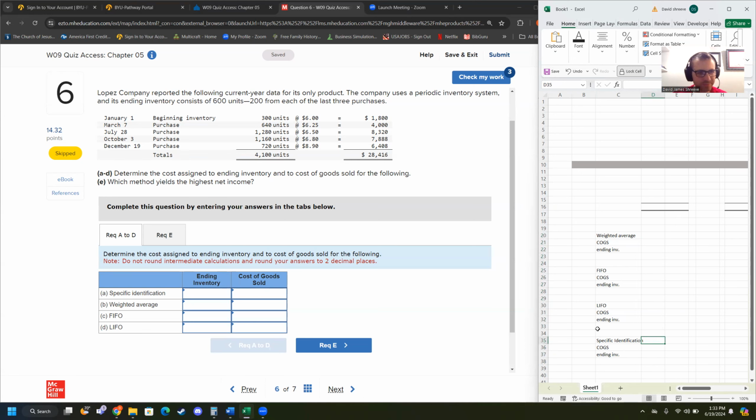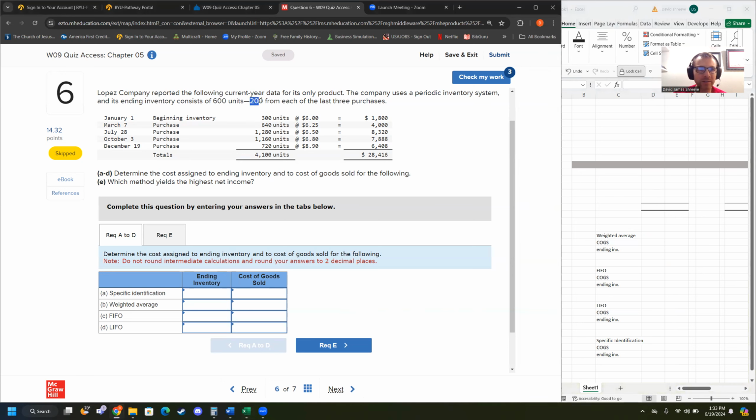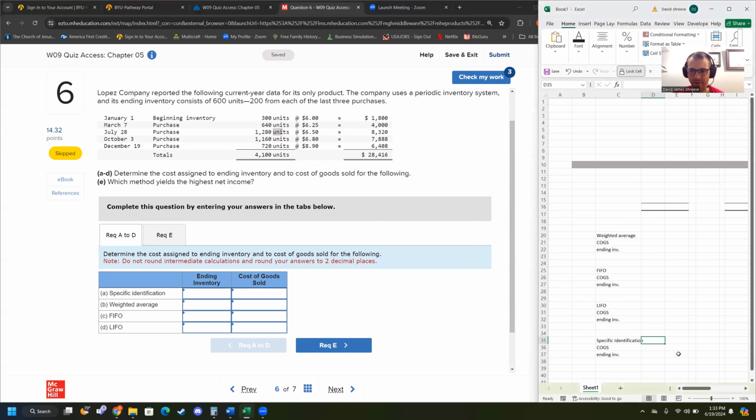All right. But we have 200 units. So 200 from each of the last 3 purchases. That's 1, 2, 3. So I like to do the math in my head, but since we're doing it this way, we can bring it over here. Inventory is 200.